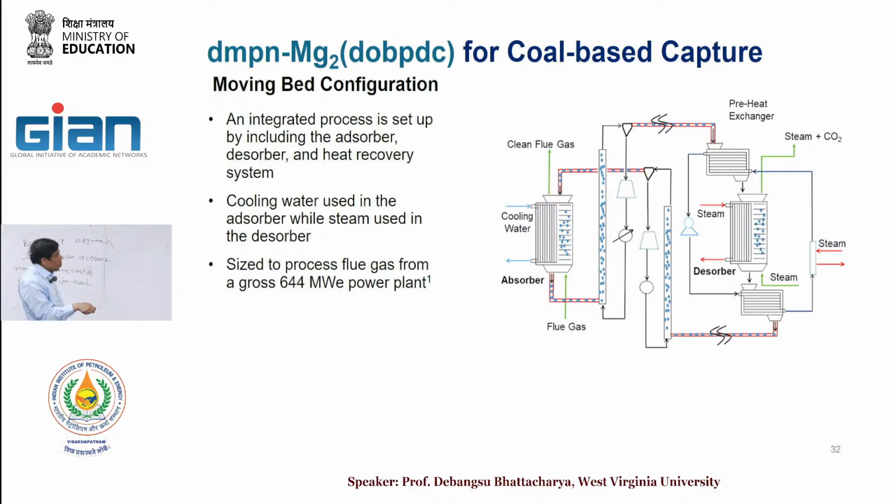Then it gets pneumatically transported, and you have the preheat exchanger, then another moving bed where the desorption is taking place. The motive fluid is hot water, the steam that is circulating through the system, and then we recover the heat and provide additional steam here, and once the heat recovery is done, it is transported back again. So this is the overall conceptual process.